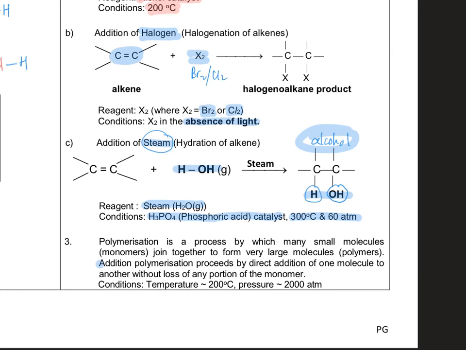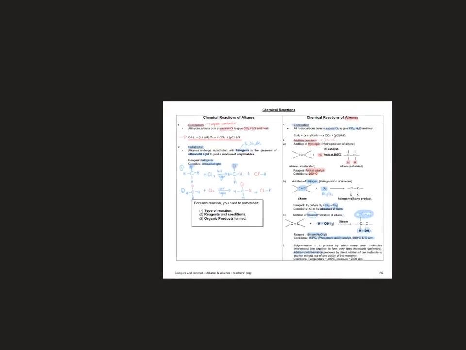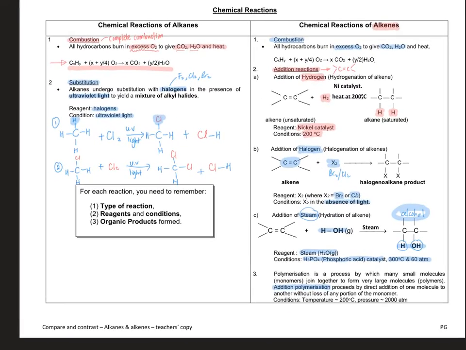Basically all your alkenes will add together to form a very big molecule. Again, we will revisit this when we look at macromolecules, which is the last topic. So with this, we have come to the end of this section, which is preparation and chemical reactions of alkanes and alkenes.